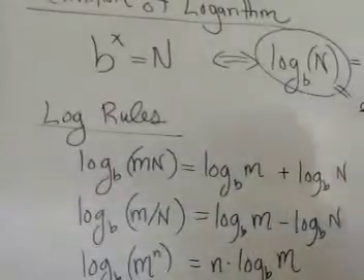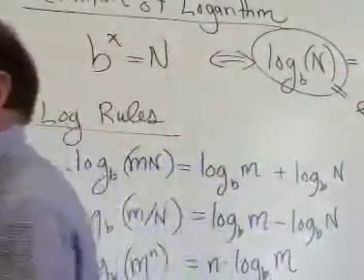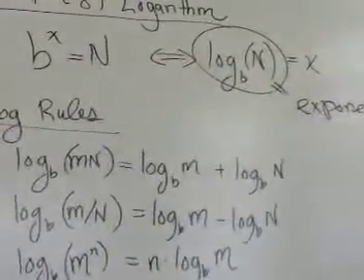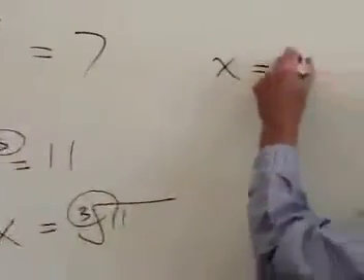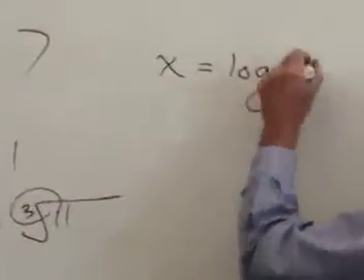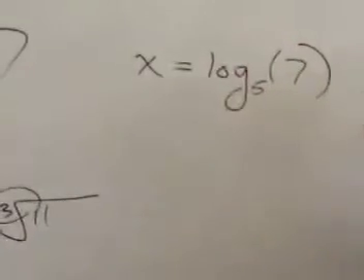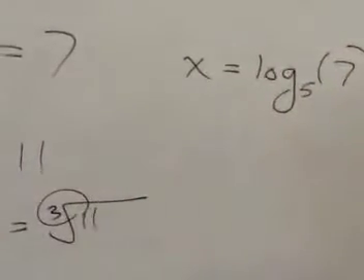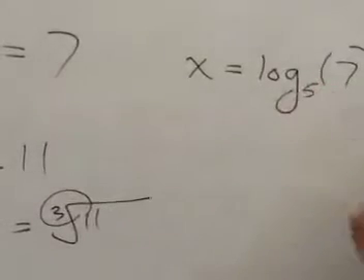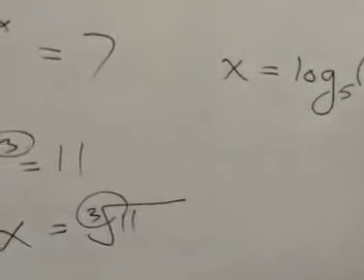And you just have to figure out what that exponent is. But logarithms are a way to undo and isolate exponents. So this problem, I now know what x is. It equals log base 5 of 7. I'm not sure how to calculate that yet, but I know that that's what symbolically the answer is.